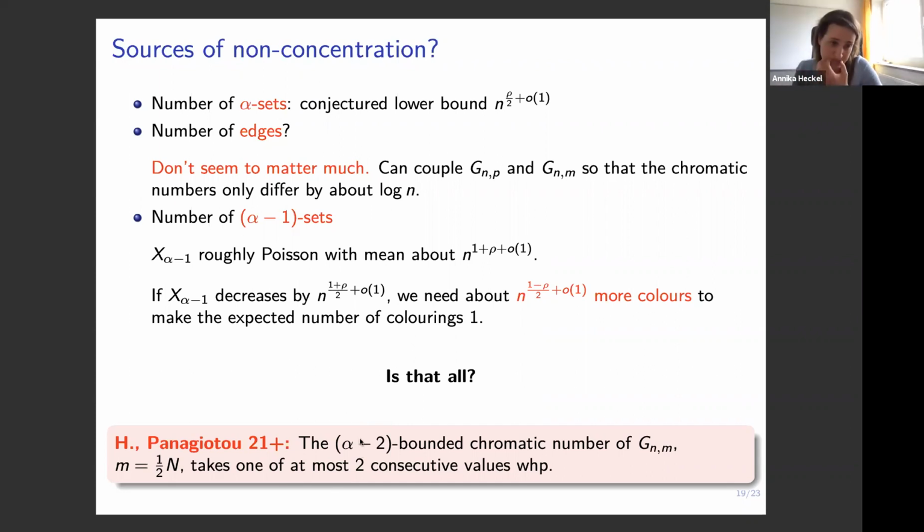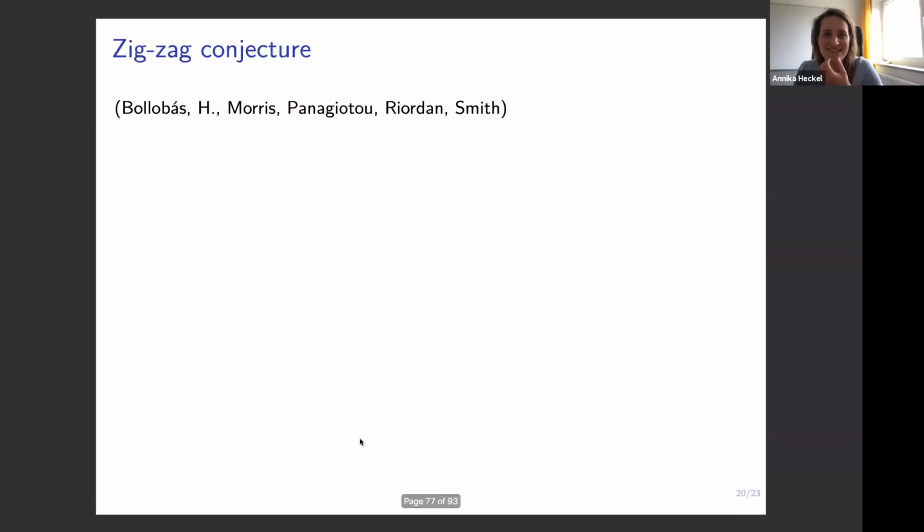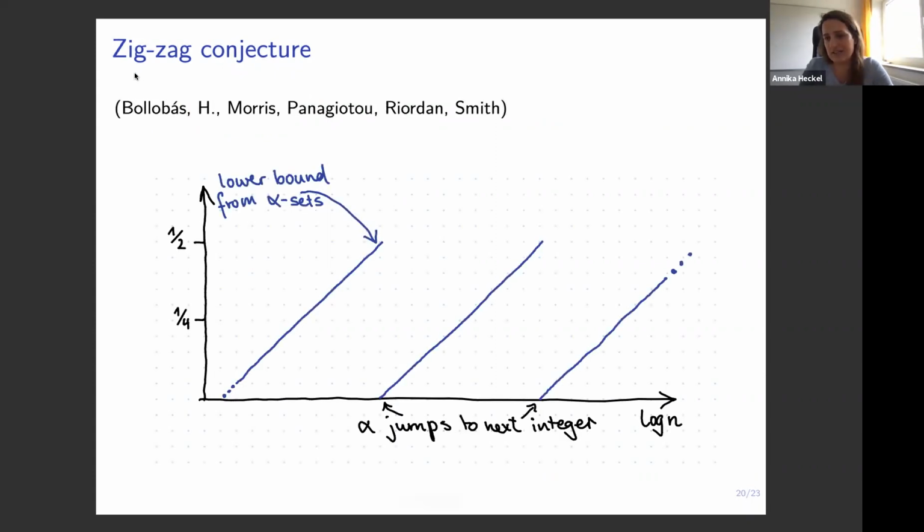Well, yeah. So the conjecture, which arose from the work of several people in recent years, which we call the Zigzag Conjecture, is that in fact these lower bounds coming from the alpha and alpha minus 1 sets are essentially the truth up to lower order variations. So we have a lower bound coming from the number of alpha sets, which goes up like this from 0 to 1/2.